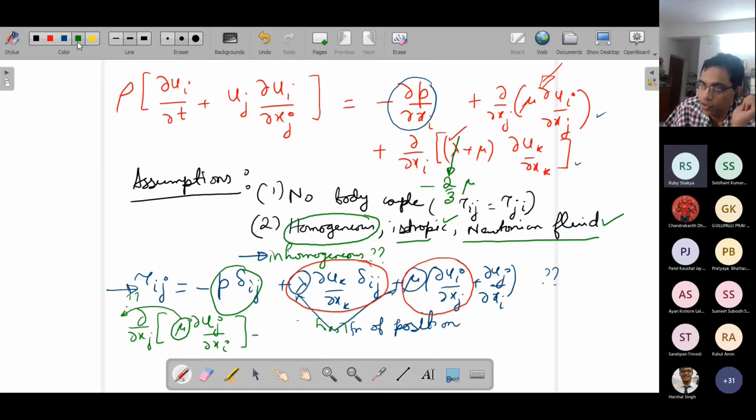Let us apply a product rule here, assuming mu as a function of position. So this is mu.